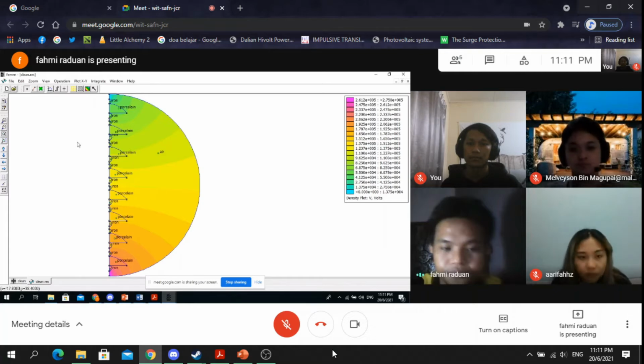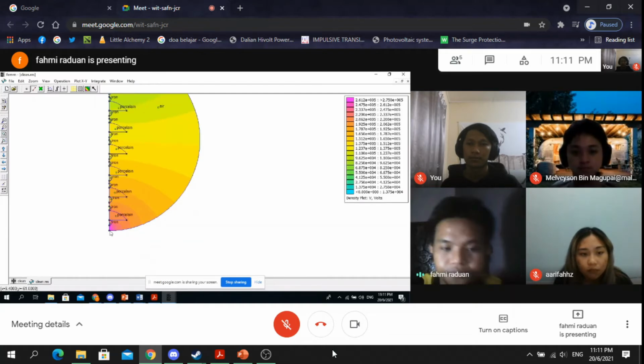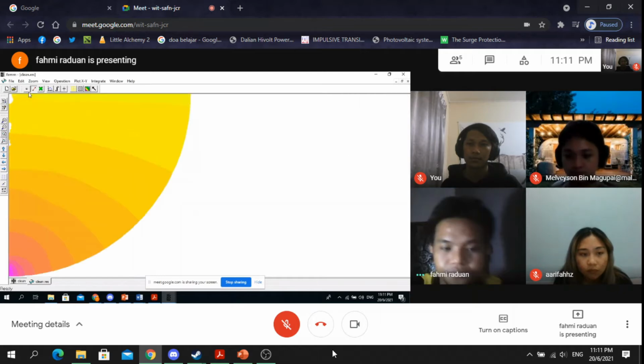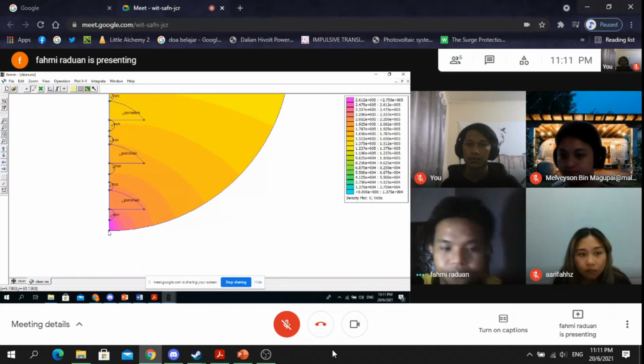So to get the graph, we have to choose the line that we want to measure. We have to choose from bottom to up.